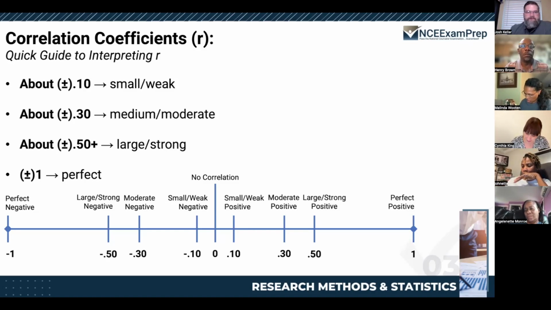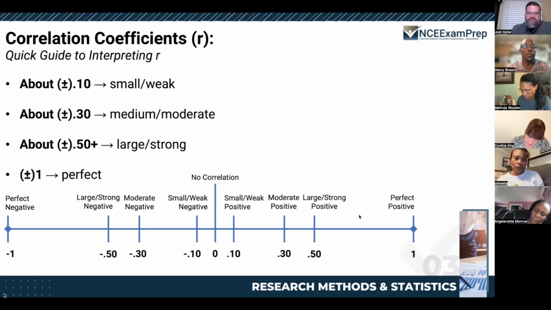Would you memorize this chart? I mean, you can if you want to, but these numbers are kind of arbitrary, right? This is just, generally speaking, how to visualize what small, moderate, and large would be. We would say that there's a strong correlation of anything over 0.5, and then the closer it gets to zero, it would be weak.